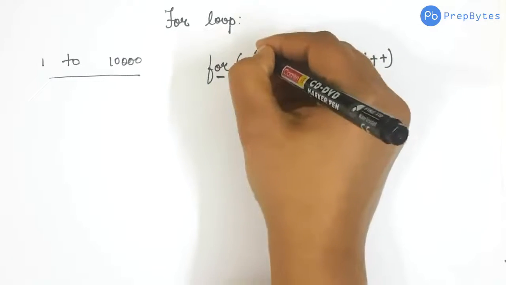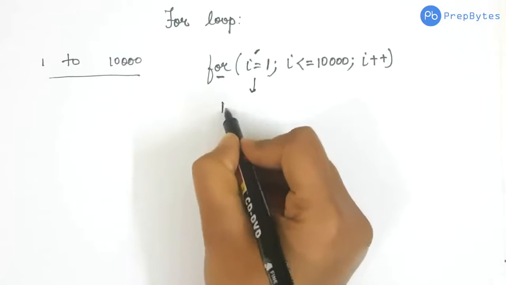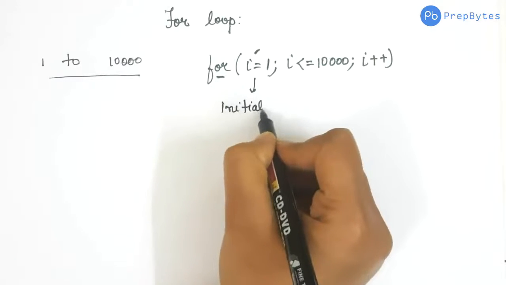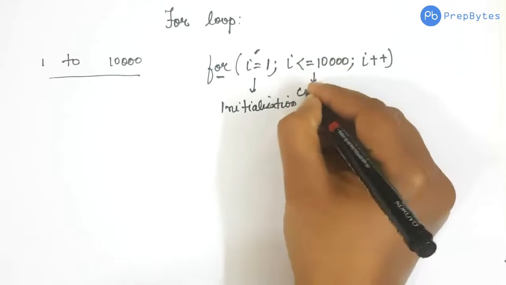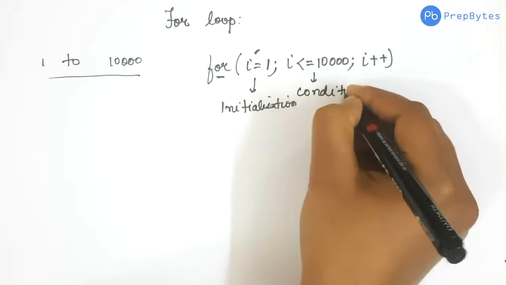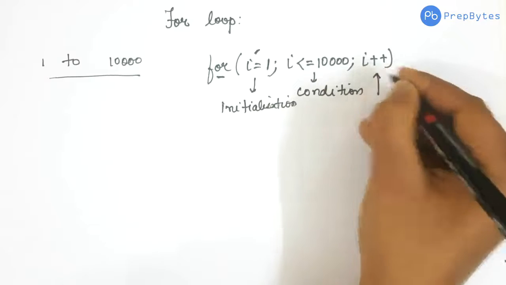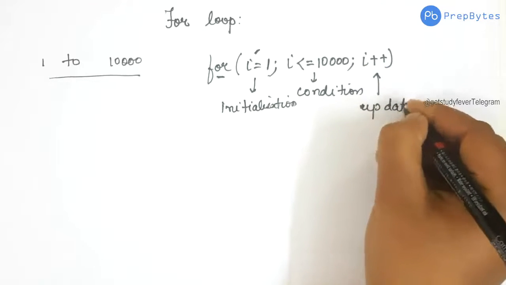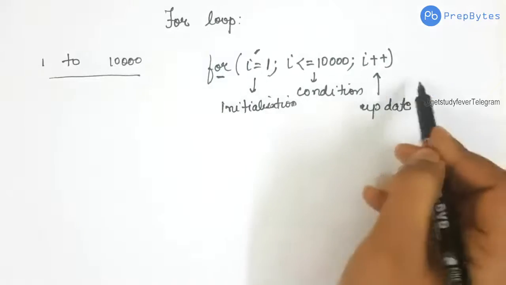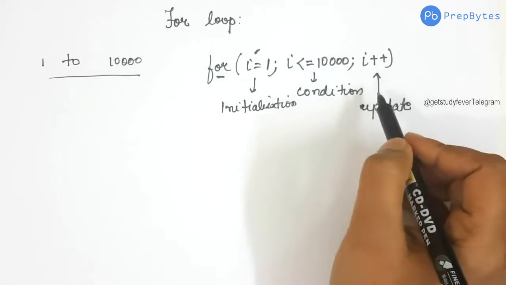So we have the initialization here, this is the condition, and this is the, let's say I'll call this the update or the counter. So this is how the first line of a for loop looks.